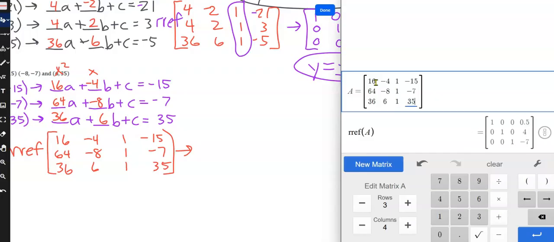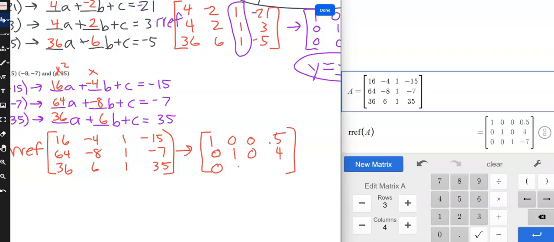Oh, look at those nice numbers. Right? And so now we know 1, 0, 0, 0.5. You can use fractions if you want. There's nothing wrong with that. I don't care. 4, 0, 0, 1, and negative 7.